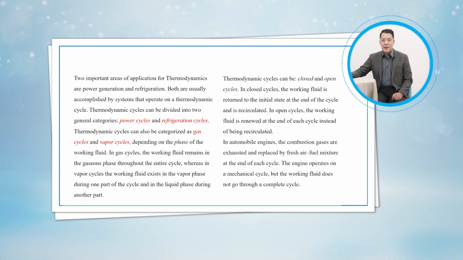In automobile engines, the combustion gases are exhausted and replaced by fresh air-fuel mixture at the end of each cycle. The engine operates on a mechanical cycle, but the working fluid does not go through a complete cycle.